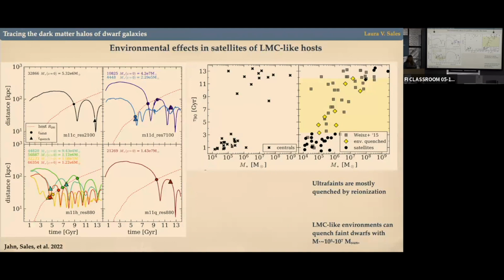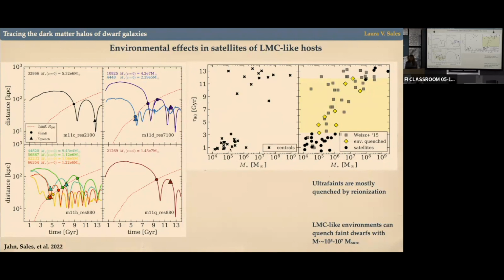These are simulated LMCs, remember, and then we select all the centrals that we find in those boxes. And as a function of stellar mass, we show here the tau 90. Tau 90 is the time at which they form 90% of their stars, and that's observable. So we can use that to quantify whether the galaxy stopped forming stars recently or early.